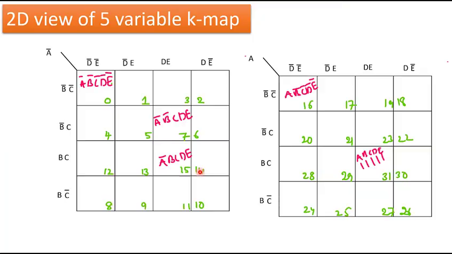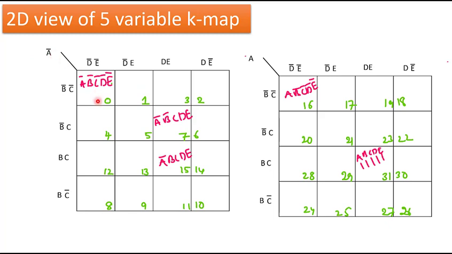I am going to give the notation for each cell. So this is my 2-dimensional view of the 5 variable K-map. If you look here, these are the first 16 cells or first 16 minterms, M0, M1, M2. This you already know. In case of 4 variable K-map, what I have added extra here is only A bar. Whatever term each cell represents should be multiplied with A bar.